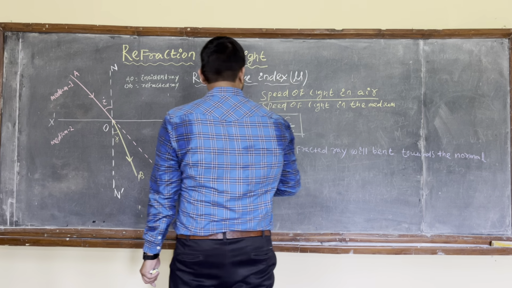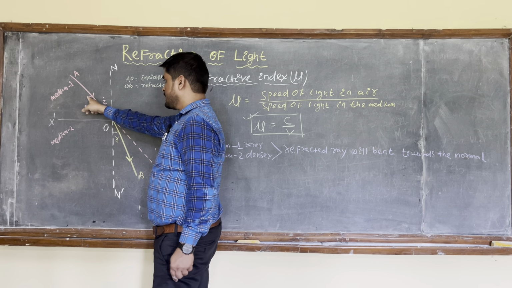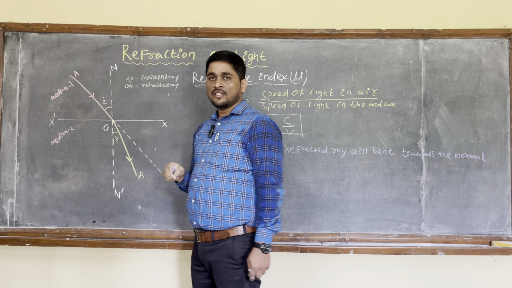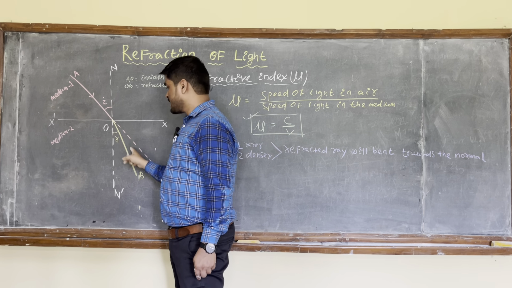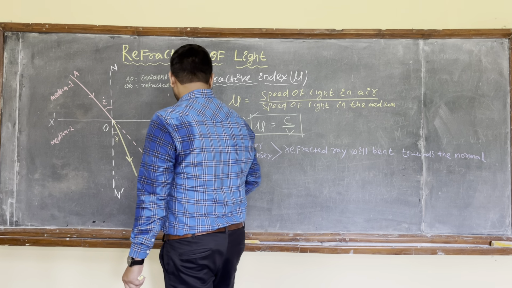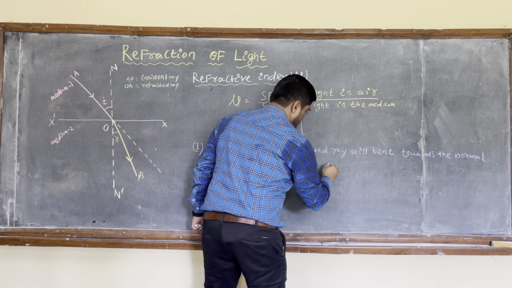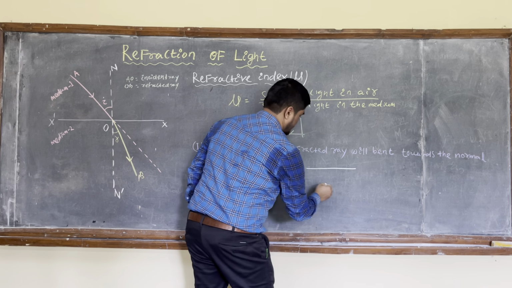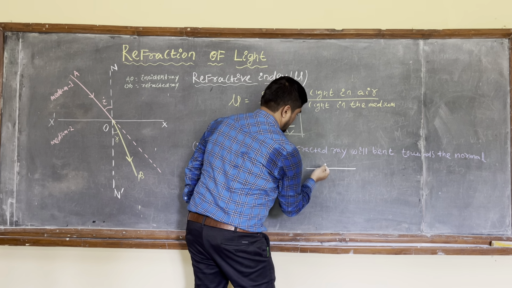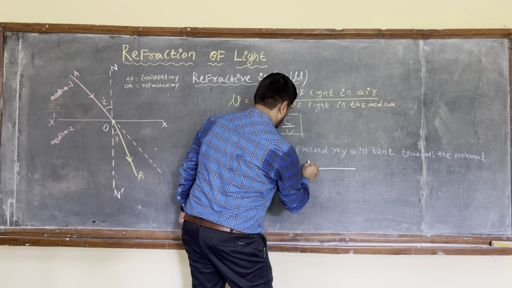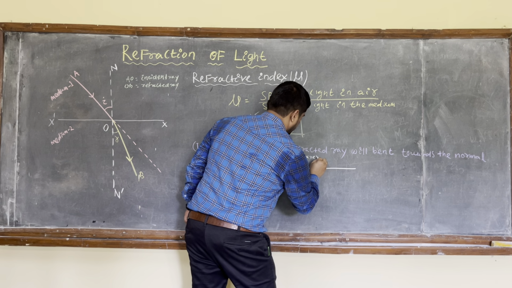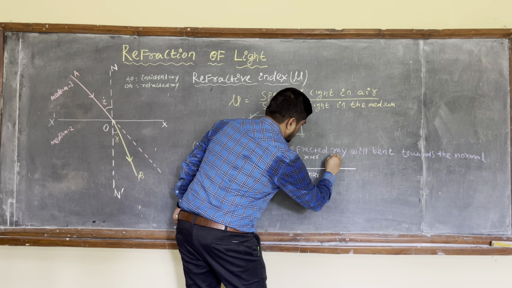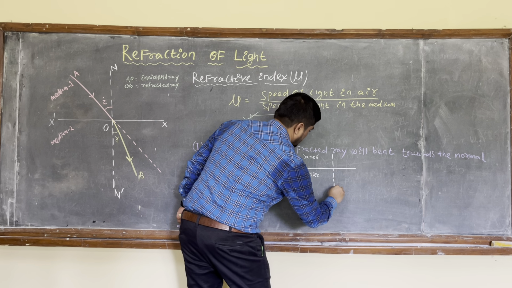Here, if the ray travels from a rarer to a denser medium, the refracted ray will bend towards the normal. That means if there are two media present, this is the interface which separates the two media, and medium 1 is rarer and medium 2 is denser, and this is the normal.